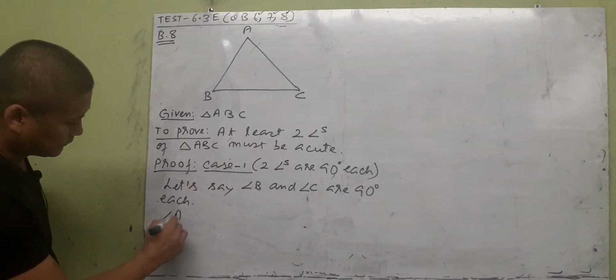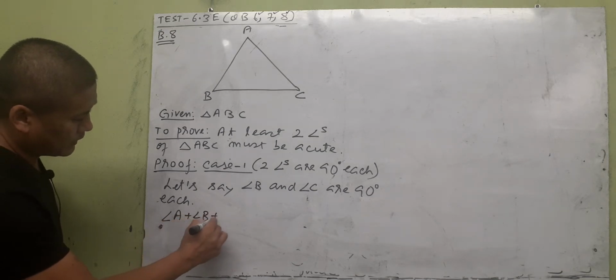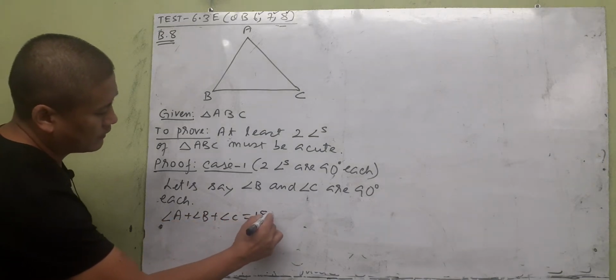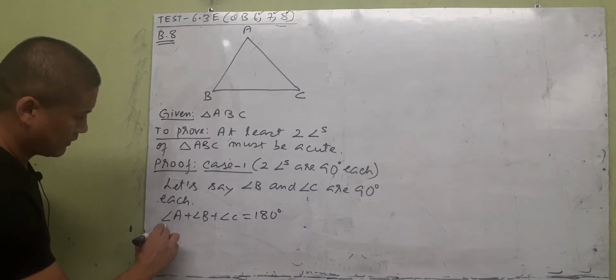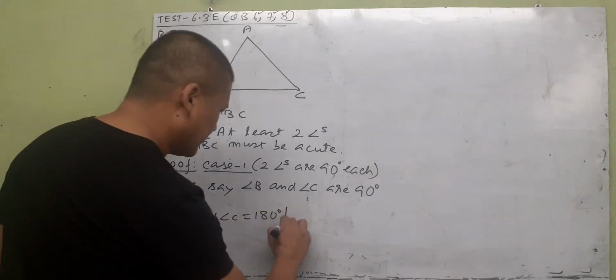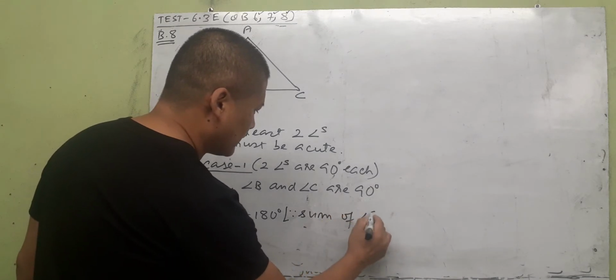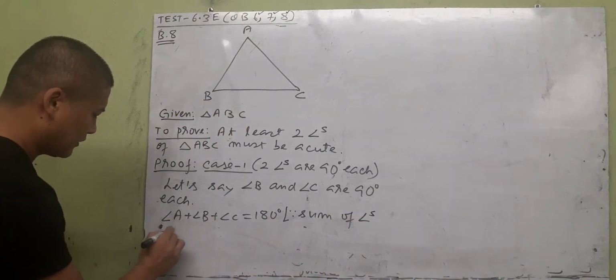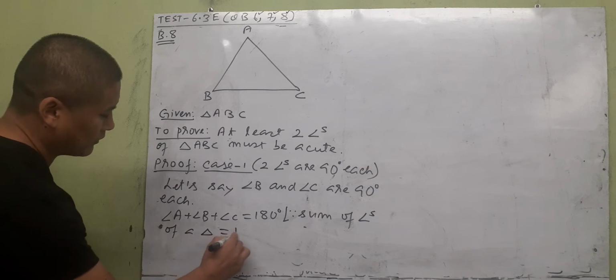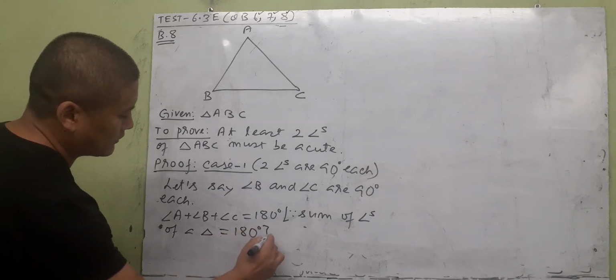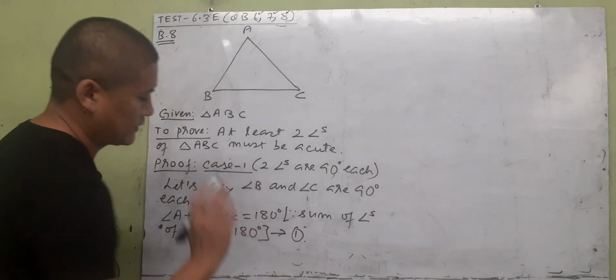Now we know angle A plus angle B plus angle C will be 180 degree, simply because we know the sum of angles, that means the 3 angles of a triangle, or any triangle, always equal 180. We learned this theorem in our first class.